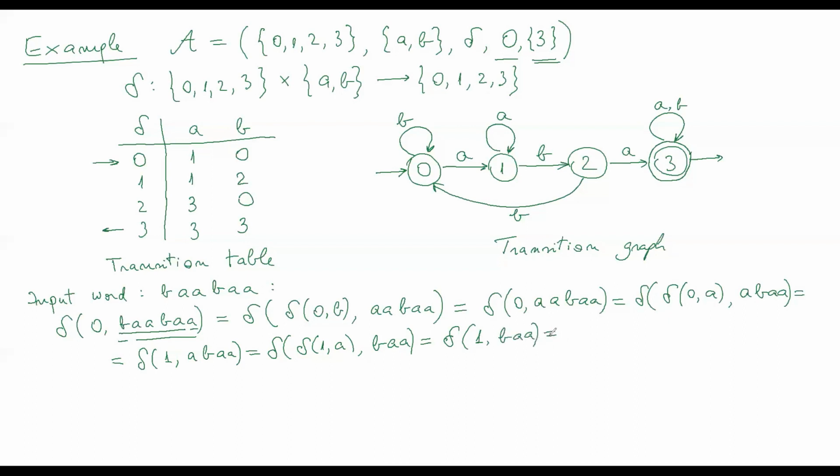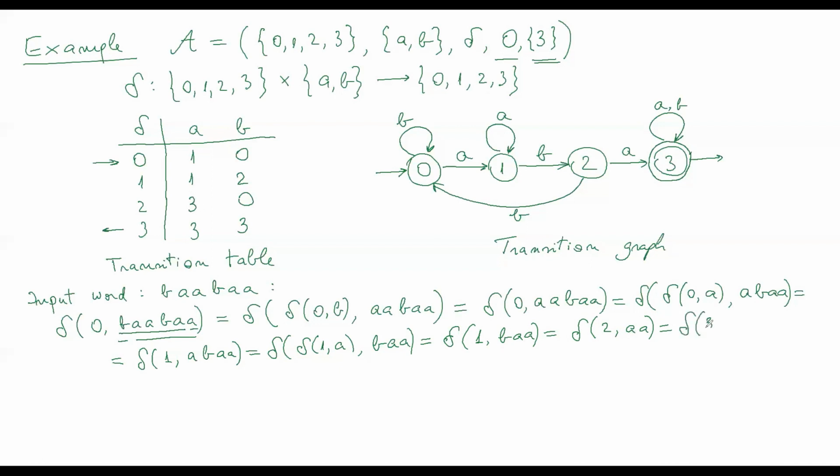And it continues in the same way. Now I can speed up a little bit, and 1 and B is going to take me to state 2. So I'm going to be in state 2, and I have to do a computation on the remaining letters, AA. And then in state 2, I go with A, which is the next letter here. I'm going to go to state 3.